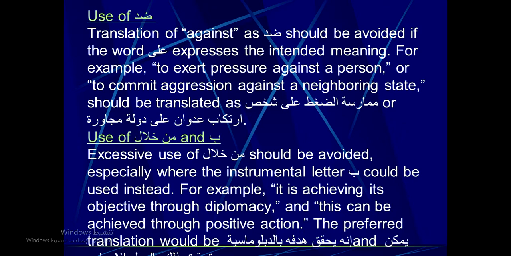If you notice, we did not say ضد. Do you know why we do not translate it ضد? Because if you notice, the intended meaning is clear without using ضد. الضغط على, not الضغط ضد.